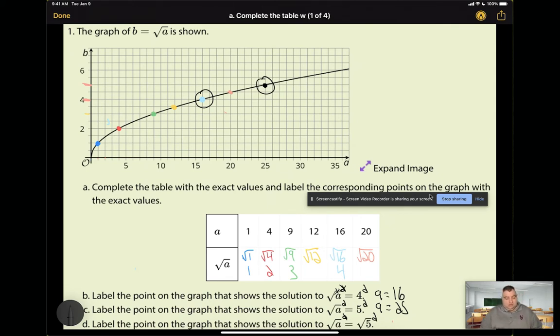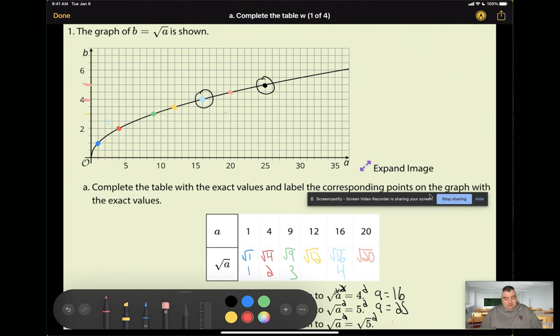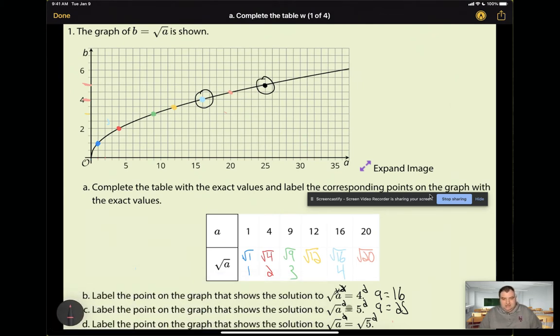On the left-hand side, this squared will cancel out this square root, and on the right-hand side, this squared will cancel out this square root, and I'd be left with a equals 5. So when a equals 5, that's going to be this point up here.